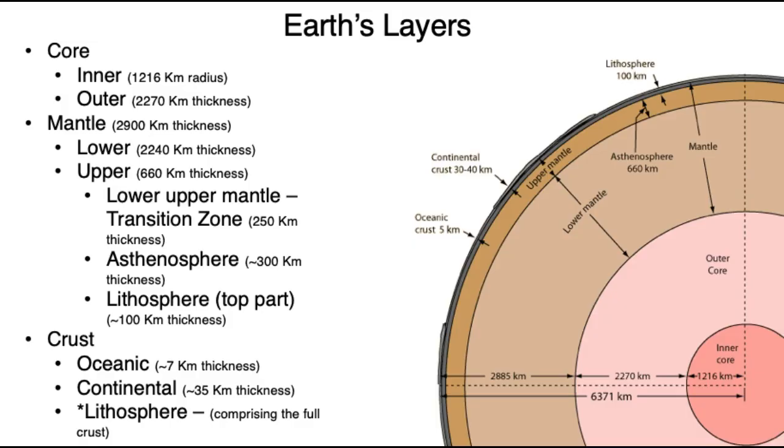Here is a summary slide of the different layers of the Earth that I just mentioned. The main three chemical subdivisions and the other physical subdivisions as well, with each of them with their average thickness for each layer. So I'm not going to test you on the specific thicknesses of them, but I may test you on the order of them and on placing them accordingly relative to one another.